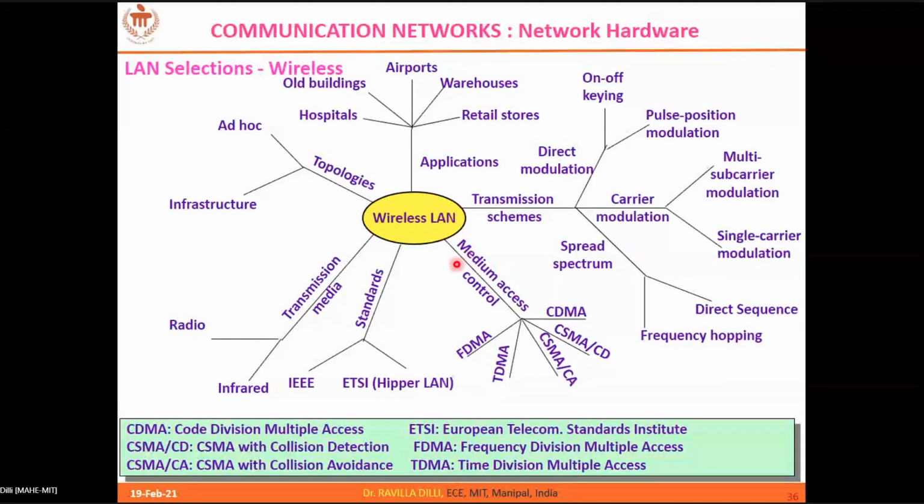Now coming to MAC protocols, you can see here it is CDMA, FDMA, and TDMA. Okay, so frequency division multiple access, time division multiple access, code division multiple access, and then we go for CSMA/CA. Okay, so that is carrier sense multiple access with collision avoidance. So this is the protocol which we use in wireless networks.